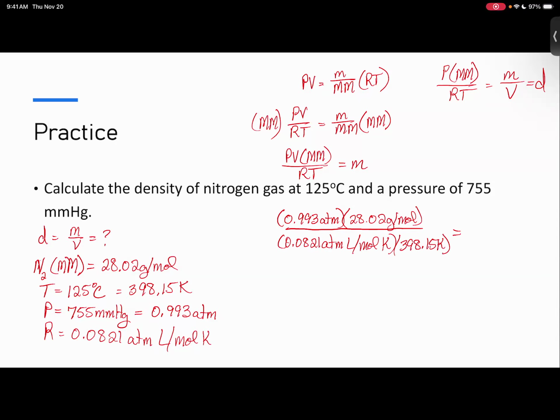And that will give us the density of the gas. The density of the gas comes out to be 0.851 grams per liter.